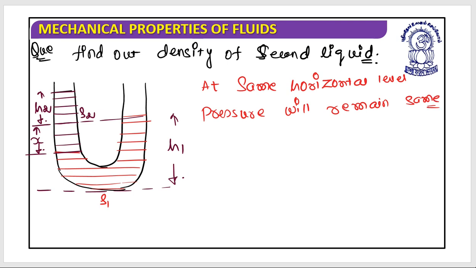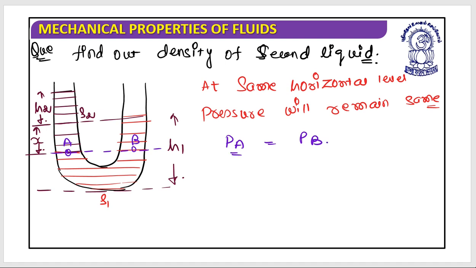If I consider the pressure to remain the same, let's call this pressure at A and this pressure at B. At this point, pressures will be equal. So pressure at A equals pressure at B.